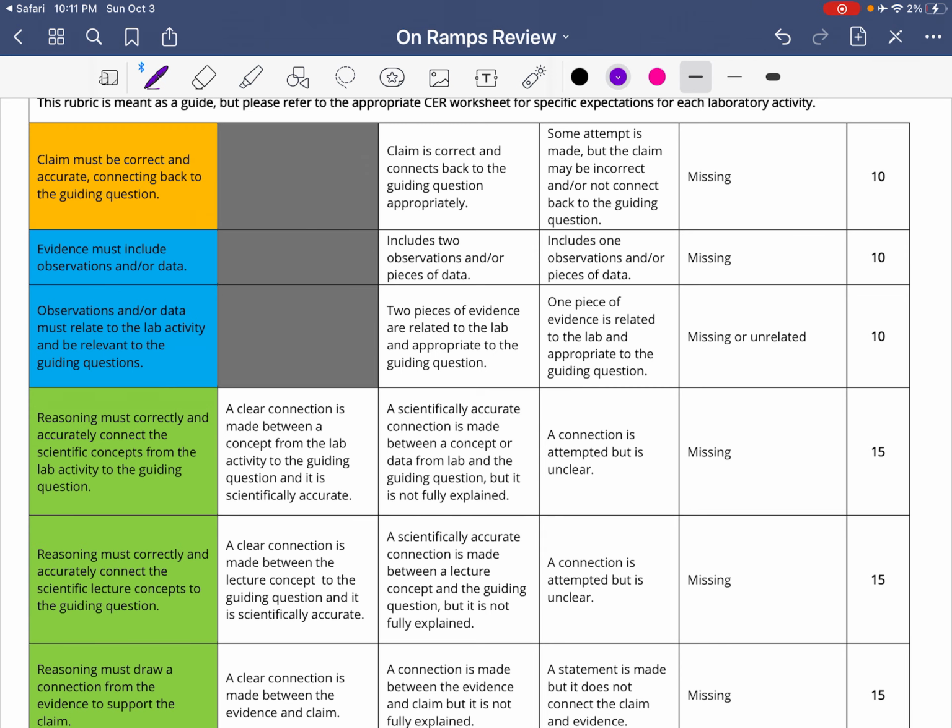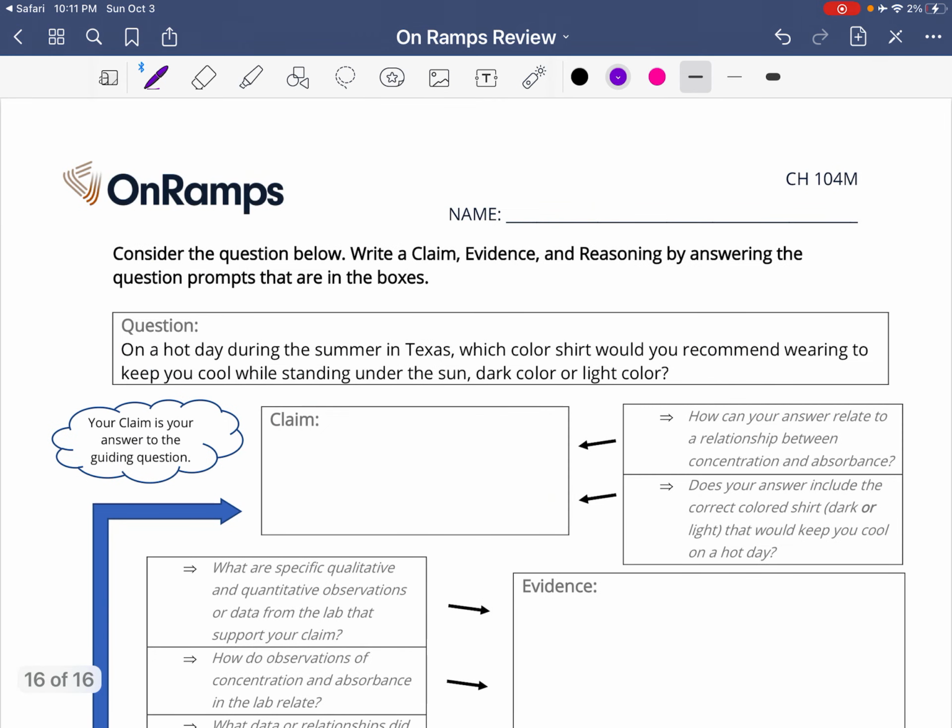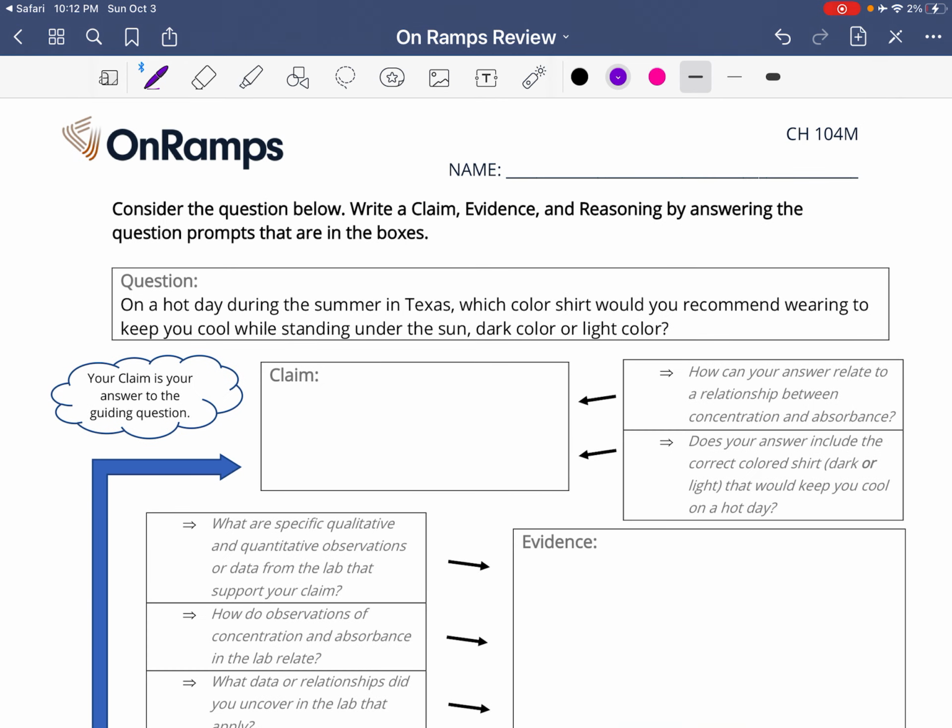Okay, so for claim, which is the first part. Your claim to the question tells you how can your answer relate to a relationship between concentration and absorbance. Does your answer include the direct colored shirt, dark or light?